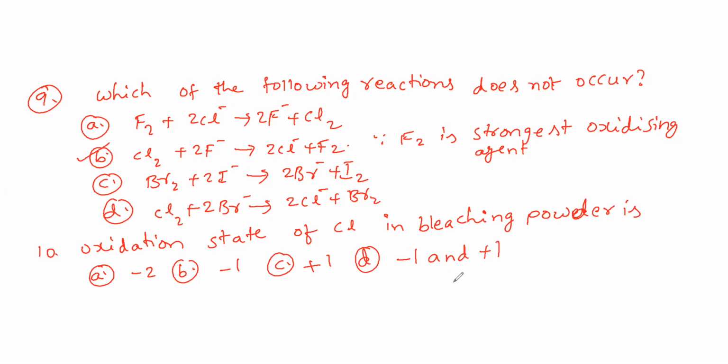As I already told you, the bleaching powder formula is CaOCl2.